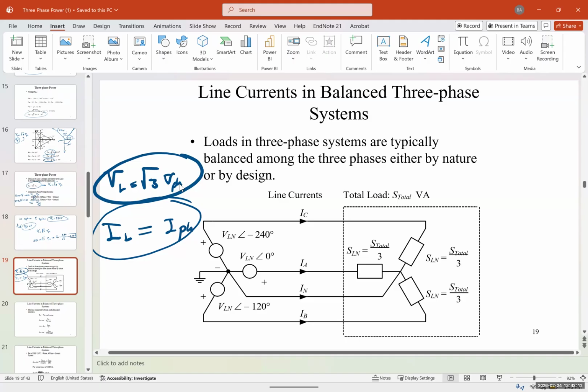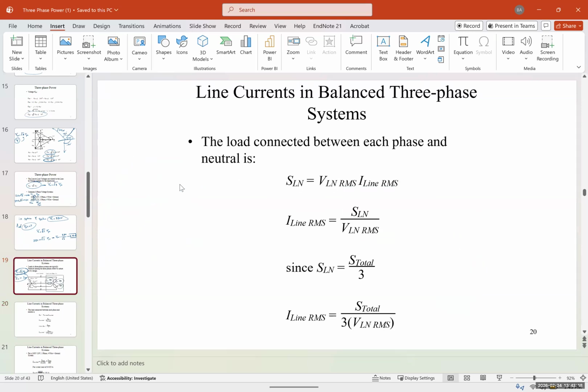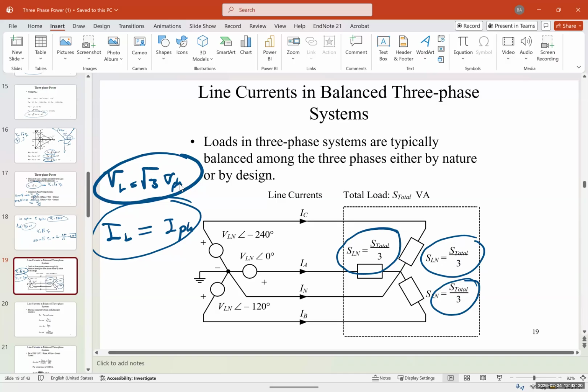Now, in a star connection, what is the total current going to be? The total current would be the summation of each of the line or the phase currents. So it's going to be IA plus IB plus IC. It's going to have 3 different currents.